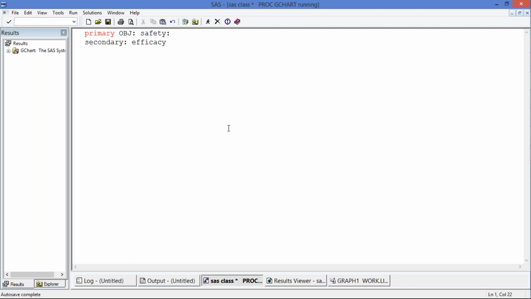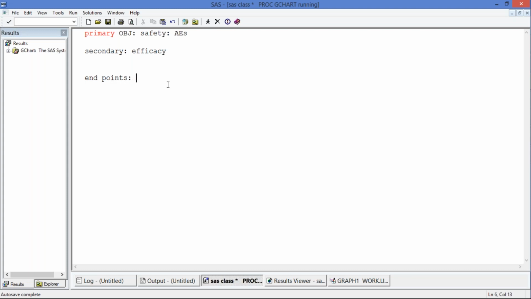Adverse effects. Right. Based on the safety data, based on the list of adverse effects, based on all the data collected about side effects, adverse effects. So based on the objectives, we have endpoints.